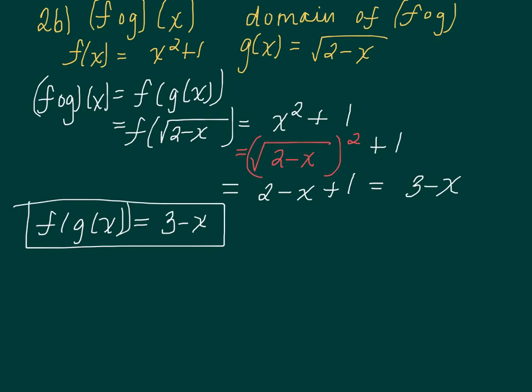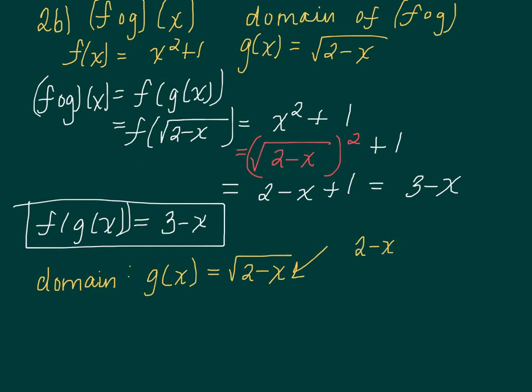Okay, to find the domain. So first we have to find the domain of g of x. And this one, we do have a square root. So we have to figure out what values of x can I plug in to make this non-negative. So you're going to do 2 minus x is greater than or equal to 0.